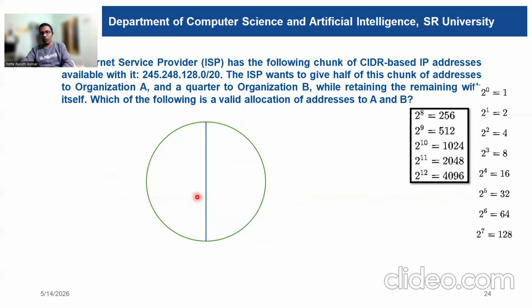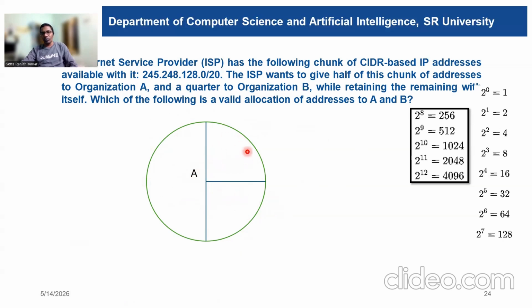And let us assume this is organization A. And again, this right side quarter is given to B. Now the right side you divide again into two parts. Now this is a quarter, this is 1/4, this is half. Okay. You can also divide the A half into two parts, but these two parts are given to organization A. So no need to divide that.